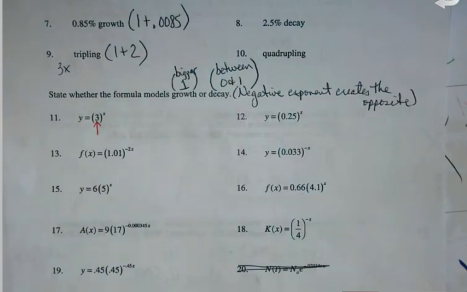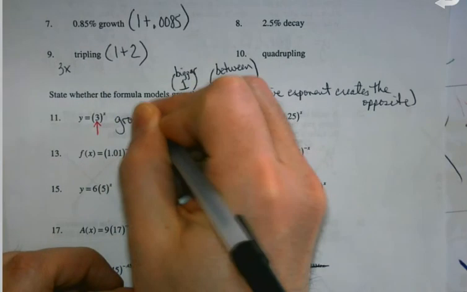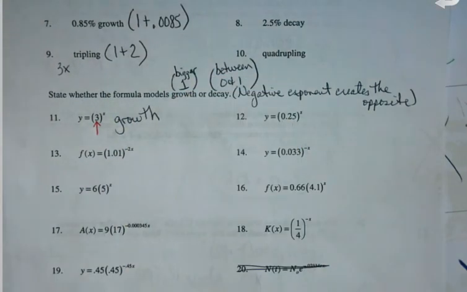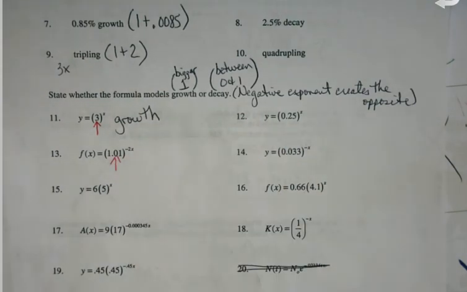3. Last I checked, 3 is bigger than 1. So this is going to be growth. There's no other numbers to find. We just want to get to where we can look at the equation and say, that's going to go up, that's going to go down. Now here, careful, 1.01.